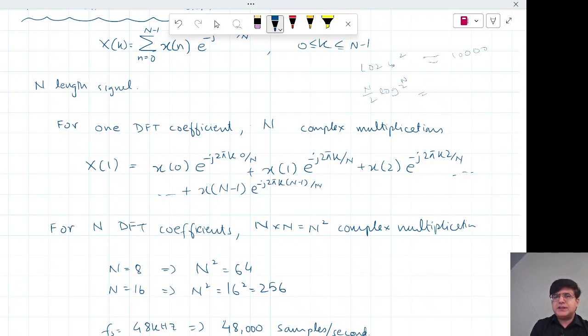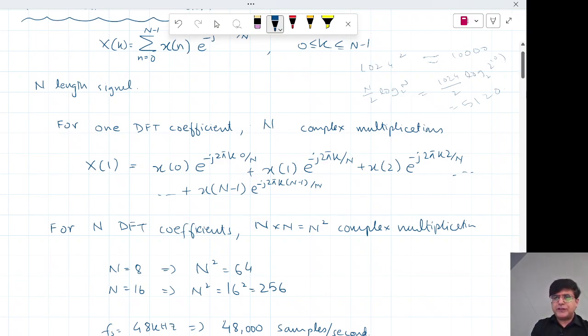So in place of 1024 squared complex multiplications, we would have 1024 over 2 times log 2 of 1024, which is 2 to the power 10. This will be just 5120. So we all agree, 5120 is much better than 1 million, right?